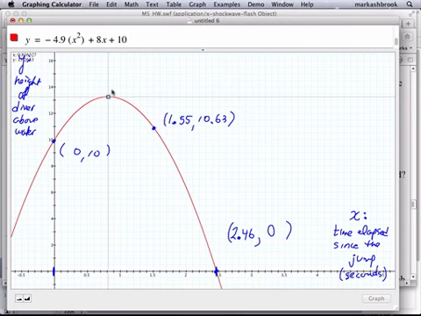It's going to ask you for a guess. So put the cursor as close to the top as you can, hit enter, and it should give it to you. So I get 0.816 and 13.